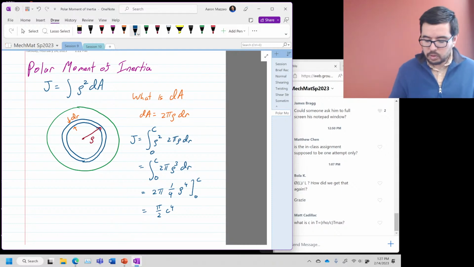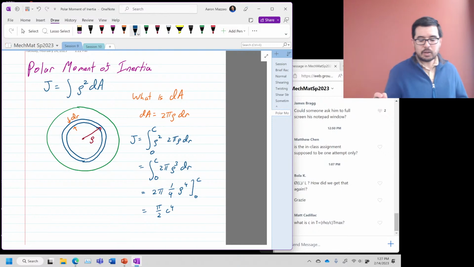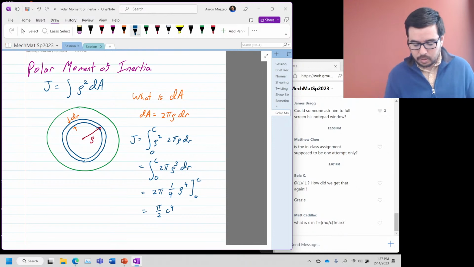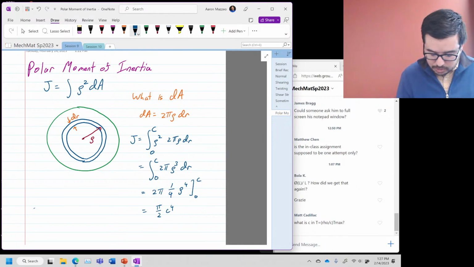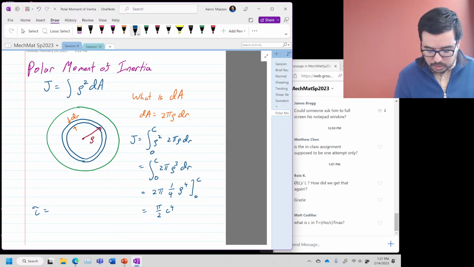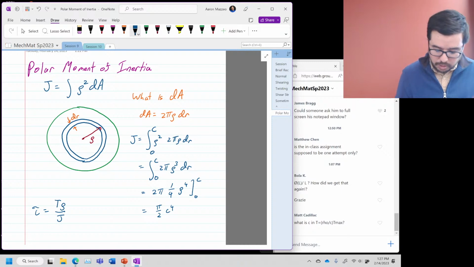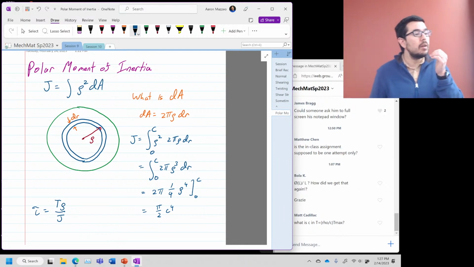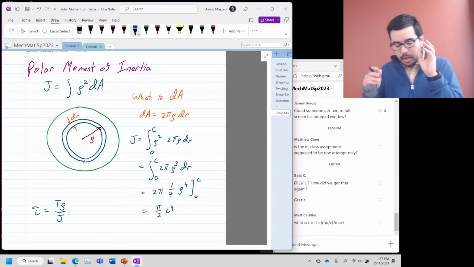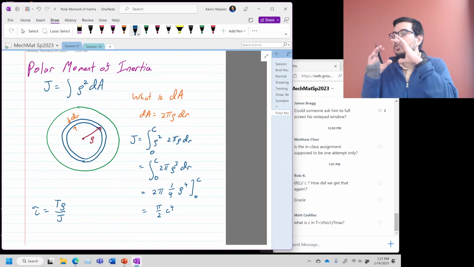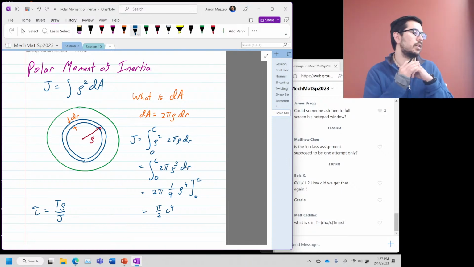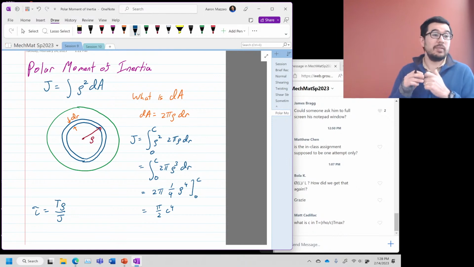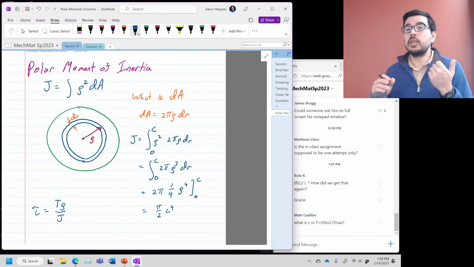This polar moment of inertia is a mathematical quantity, but what is it really? If we go back and write out tau is equal to torque times rho over J, or tau max is equal to Tc over J, what is this telling us? It's telling us that if you have a very large circular cross section, you can put a lot of torque in there and not get much shear stress.